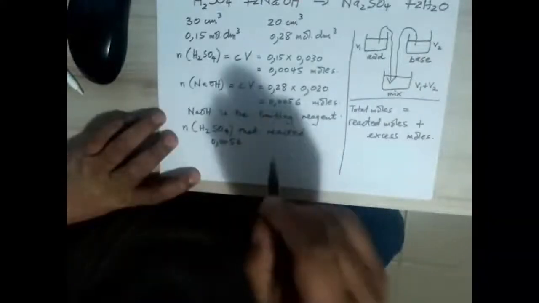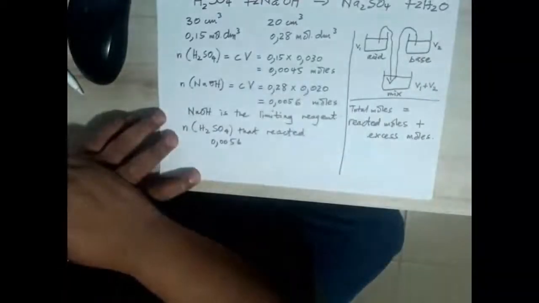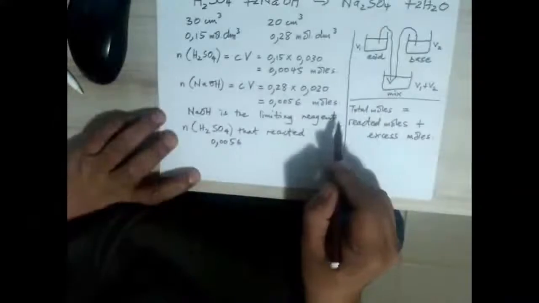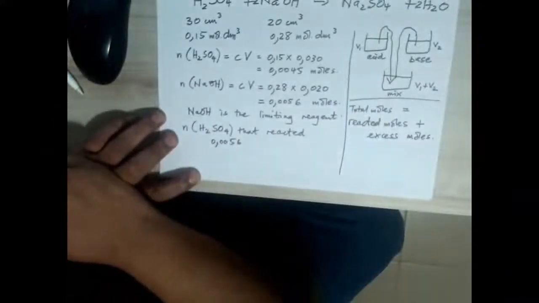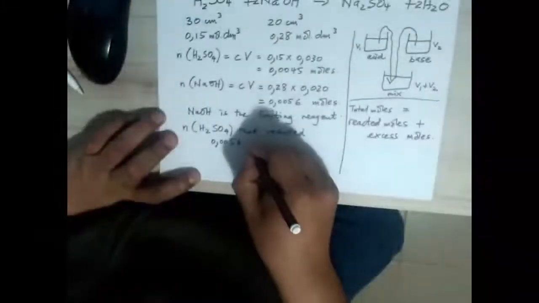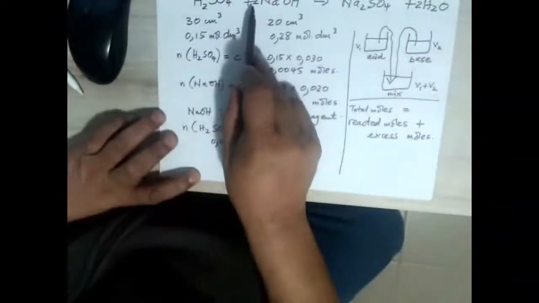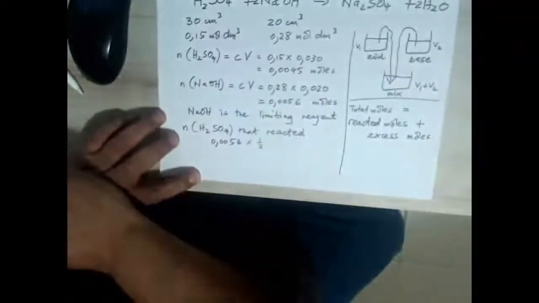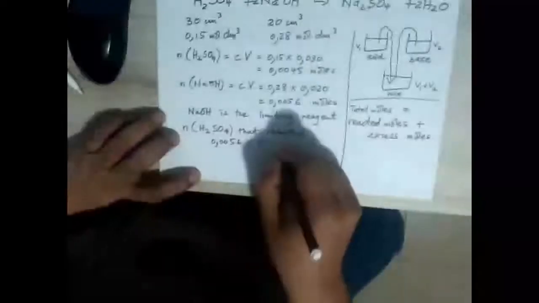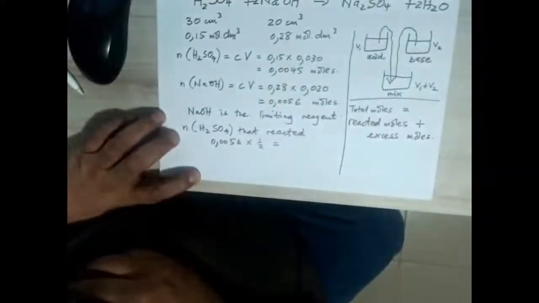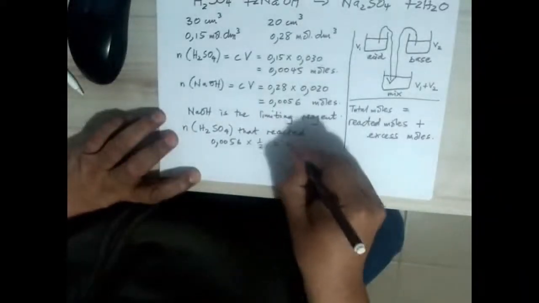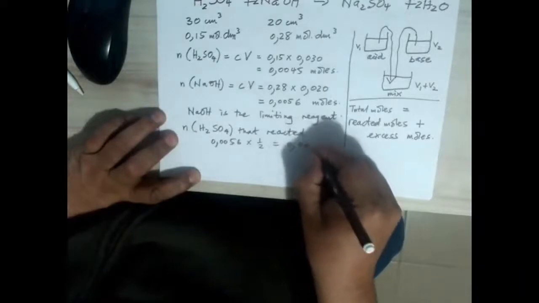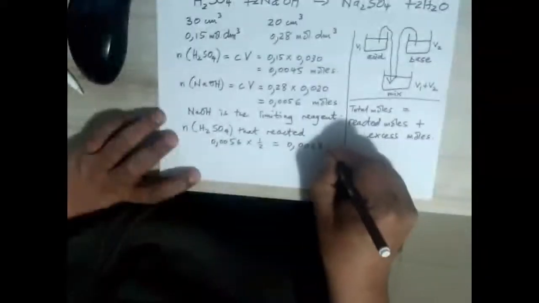Because all the sodium hydroxide is going to be used up. It is the limiting reagent, times a half, because the ratio, I use double the amount of sodium hydroxide to sulfuric acid, which means I'm going to use half the amount of H2SO4, which gives us 0.0028 moles.